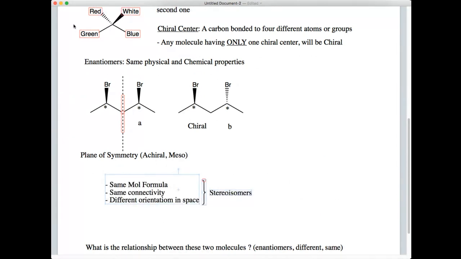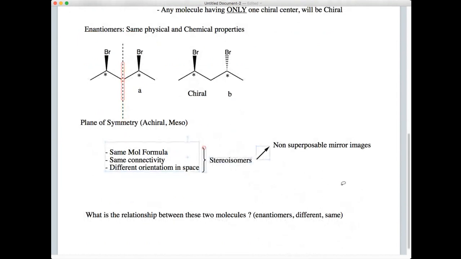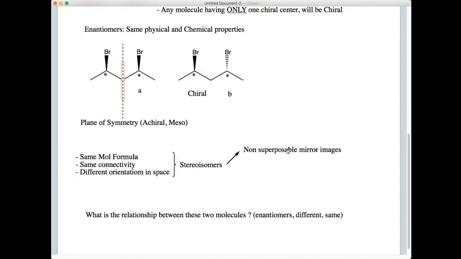One of them you already know. So if 2 stereoisomers are non-superposable mirror images, how do we classify them? How do we name stereoisomers that are not superposable mirror image of one another?